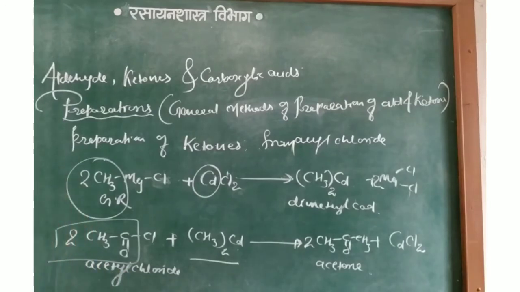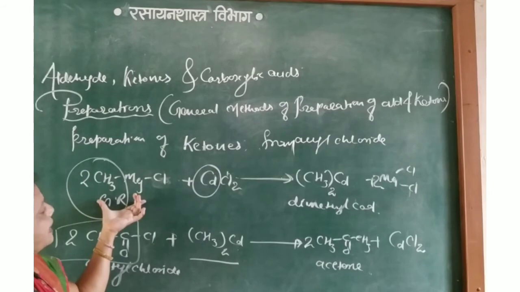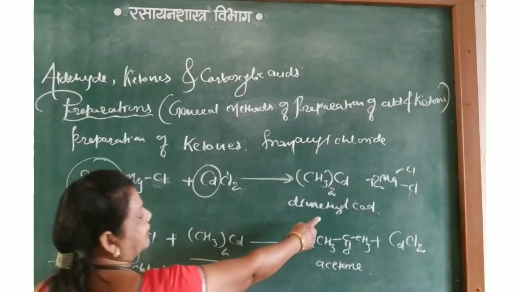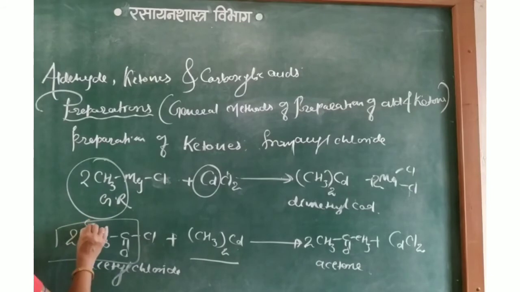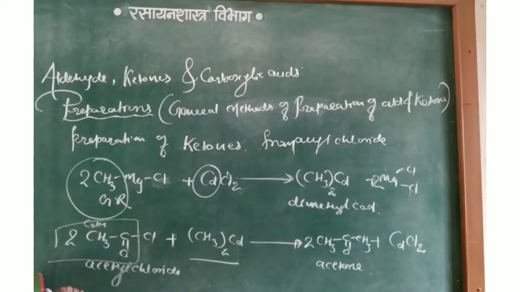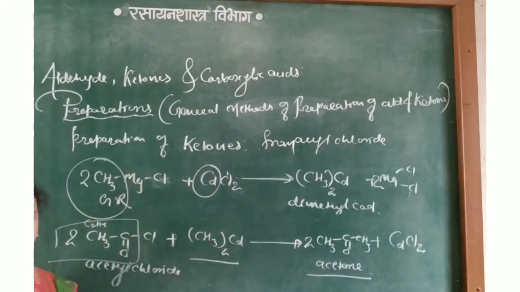Okay, so here we take methyl magnesium chloride to form dimethyl cadmium. Okay, but instead of acetyl chloride, if we take propionyl chloride, C2H5COCl, then we get ethyl methyl ketone.